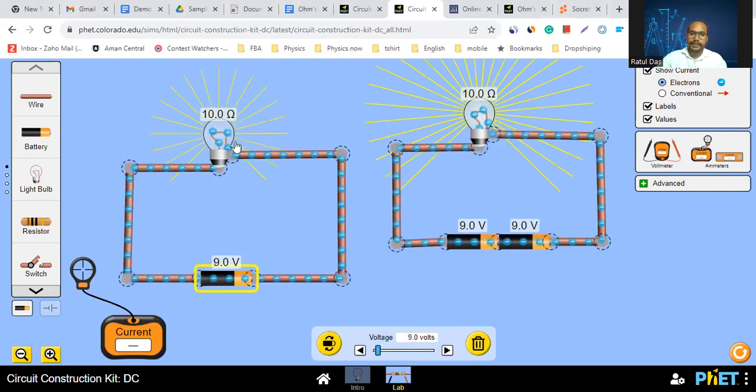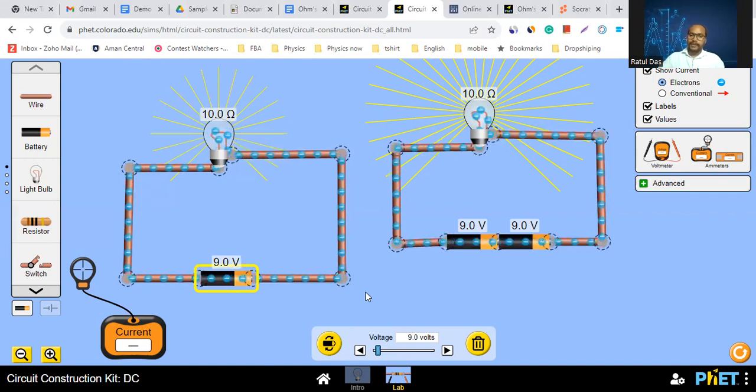Here are two 9 volt batteries. In the first case, 9 volt, and in the second case, two 9-volt batteries. So what difference have you noticed in these two circuits? First thing, yeah, we have different potential difference. Yeah, correct.